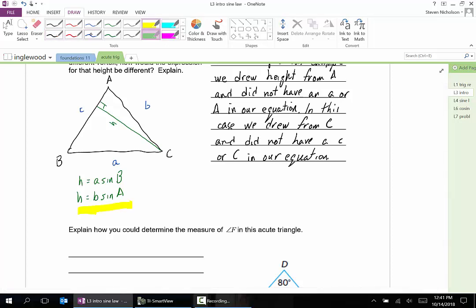If we set those things equal to each other like we did before, you see the same thing. If we put the A's with the A's and the B's with the B's, then a divided by sine A is equal to b divided by sine B.